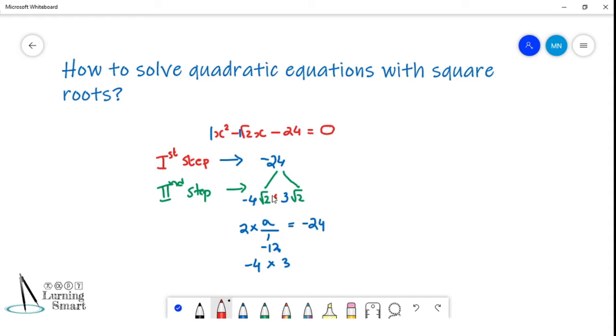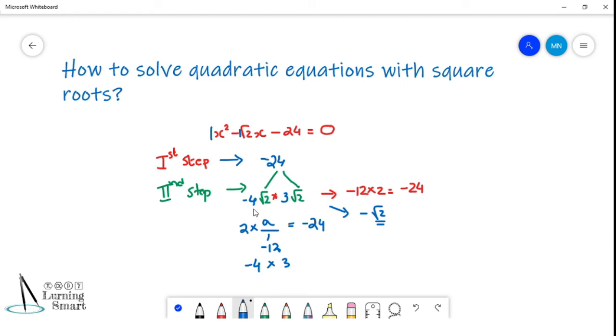Minus 4 root 2 multiplied by 3 root 2, what do you get? Minus 4 multiplied by 3 is minus 12. 2 multiplied by root 2 multiplied by root 2 is what? 2. You got minus 24. At the same time, when you add them, minus 4 root 2 plus 3 root 2, you get minus root 2.